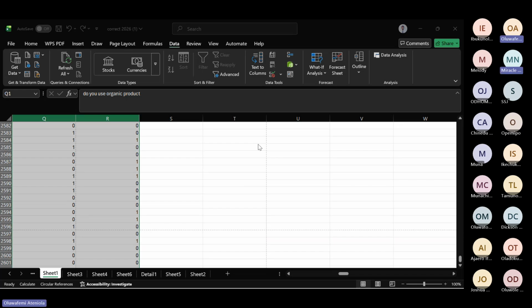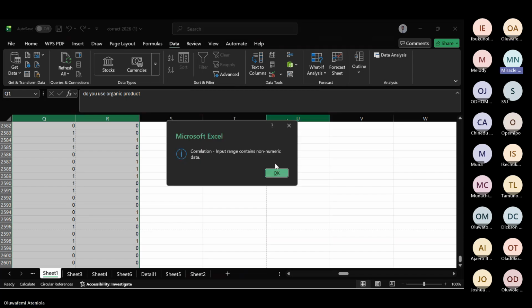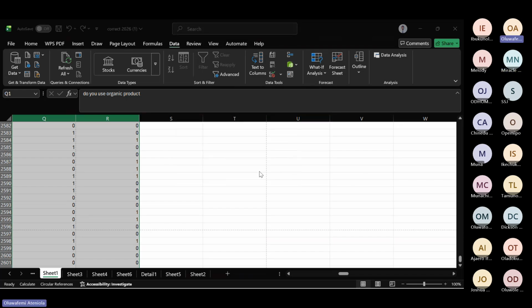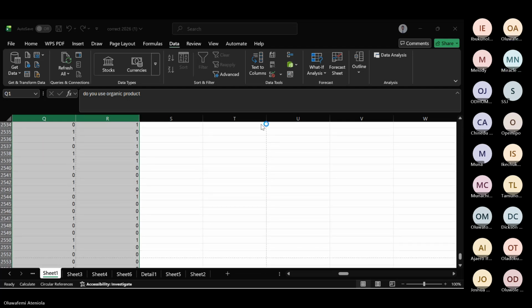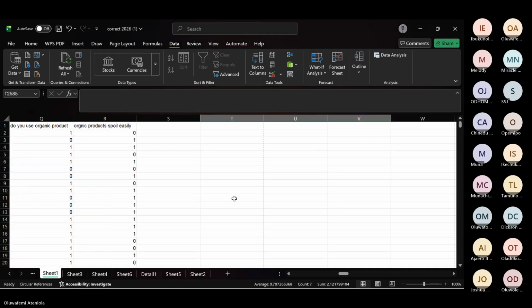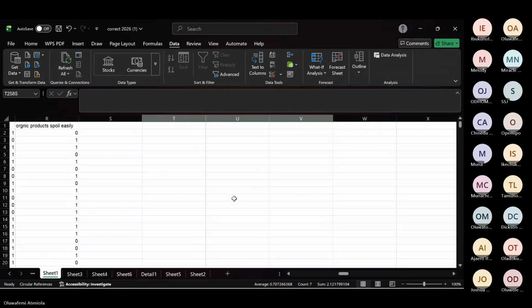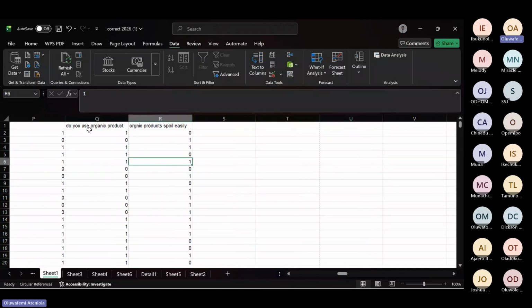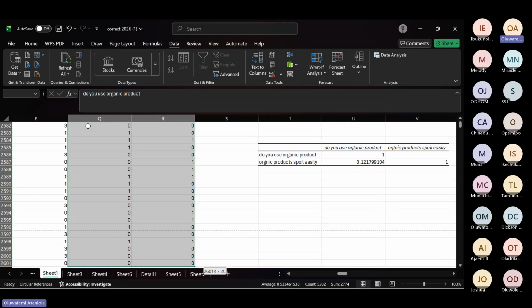Good. And I click OK. It says input range not numeric. Of course, it is numeric. Yes, first label is good. Control Shift to the right, to the left.